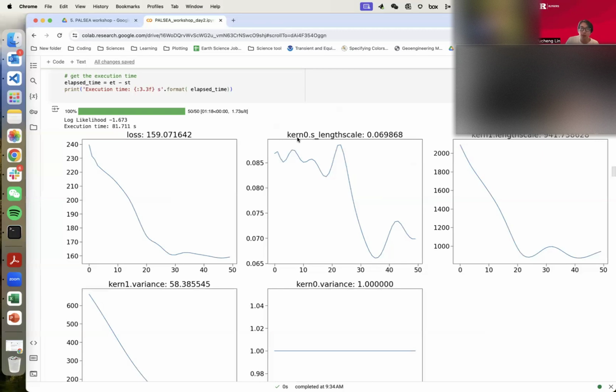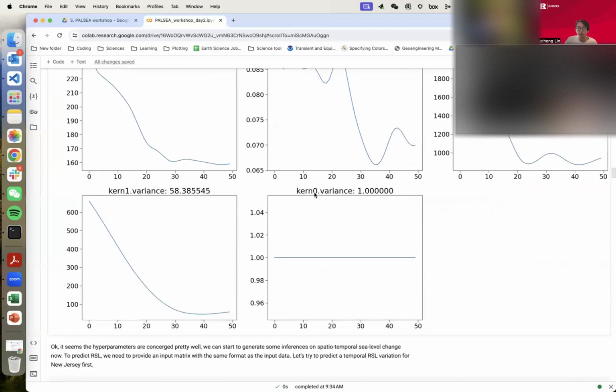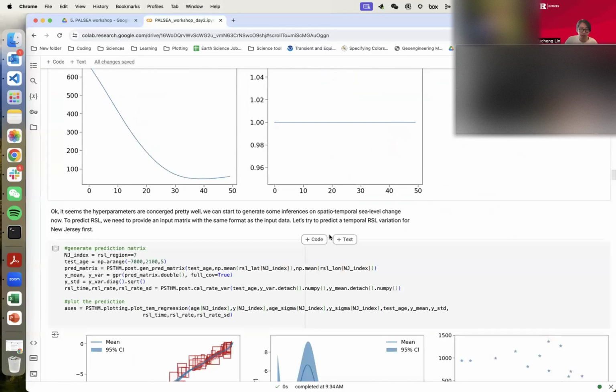Because later you will do kernel decomposition. So you have to know which kernel you are trying to decompose, and maybe you will set the hyperparameters in different kernels to the same value. So you do need to find out those kernels. I will show you a little bit later. Here, kernel 0 is the spatial kernel, so the spatial covariance function is always 1.